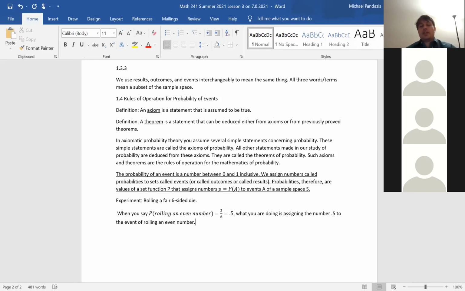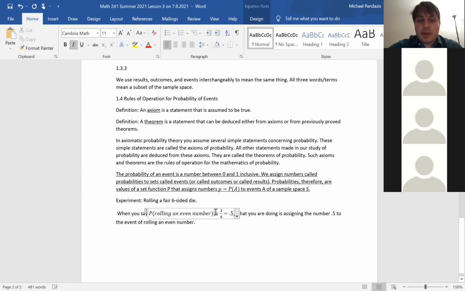Okay, without realizing it, you've now assigned this number 0.5 to the event of rolling an even number. Saying the probability of rolling an even number equals 0.5 is really just assigning a number to an event, right?